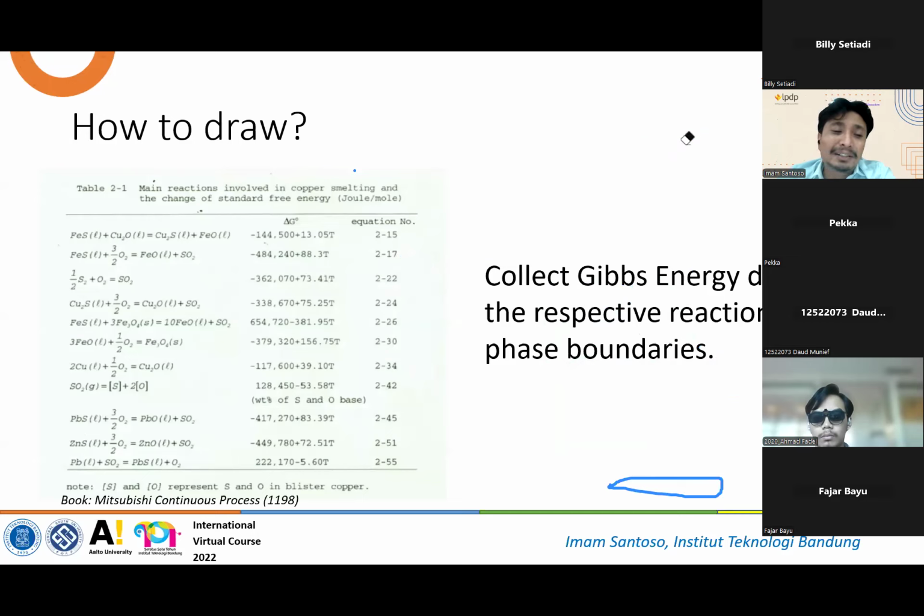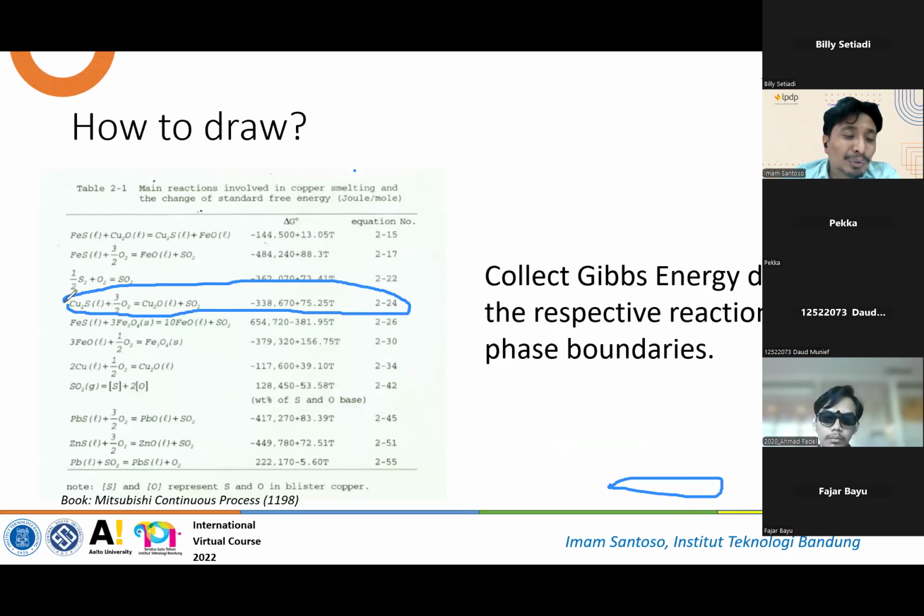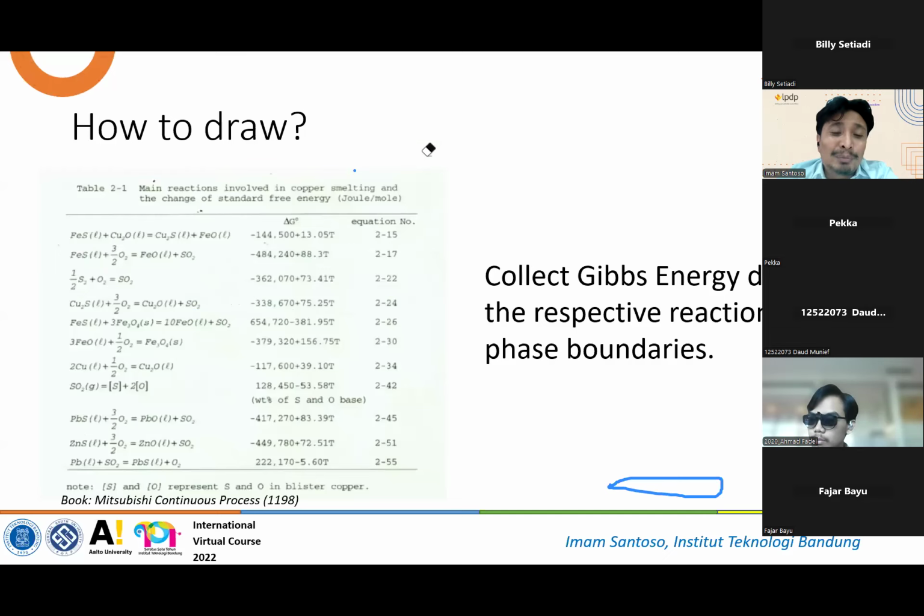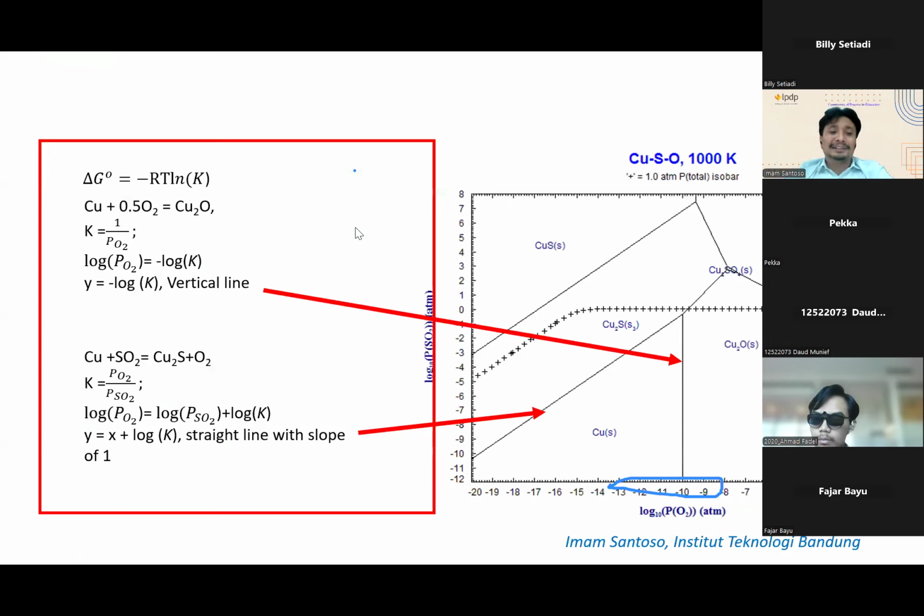This is the example, the reaction, for example, of calcium sulfide plus oxygen in equilibrium with Cu2O. Okay. And then from this, you calculate the K or equilibrium constant. This is the example.